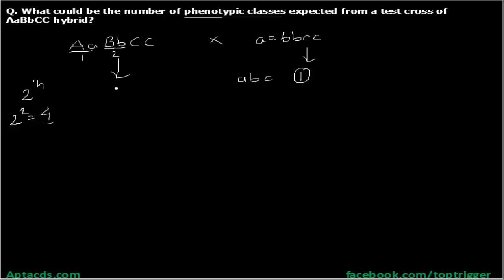So let's see what is the total number of genotypes that is going to be formed out of these combinations.